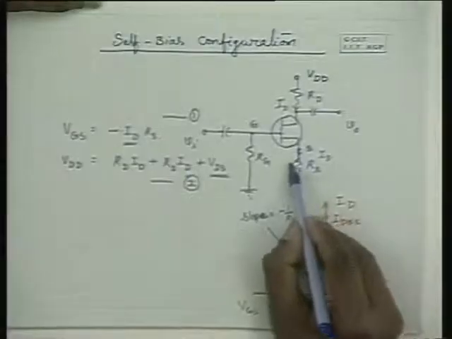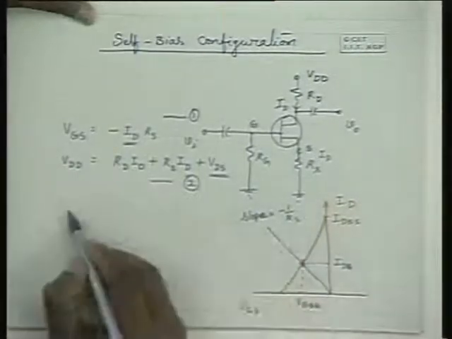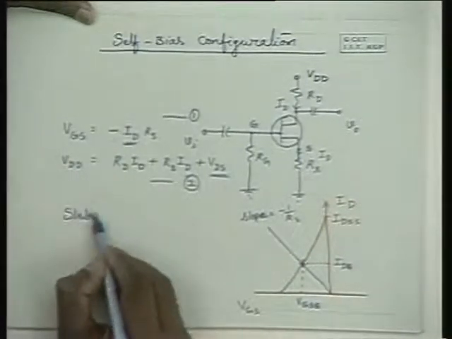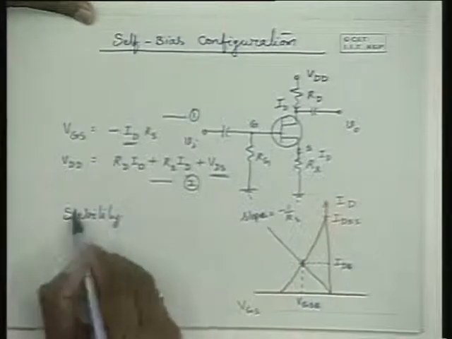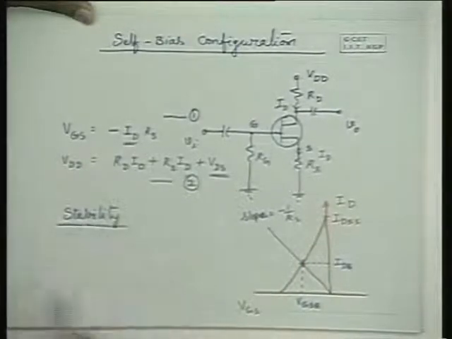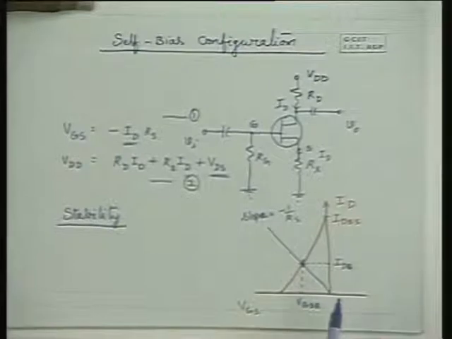Now how does the self bias configuration improve the bias stability? It is because of this source resistance. Stability is far better than in the fixed bias circuit.